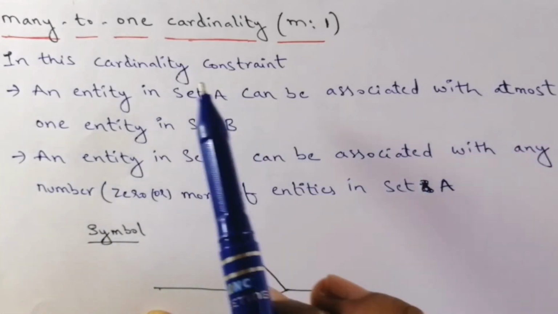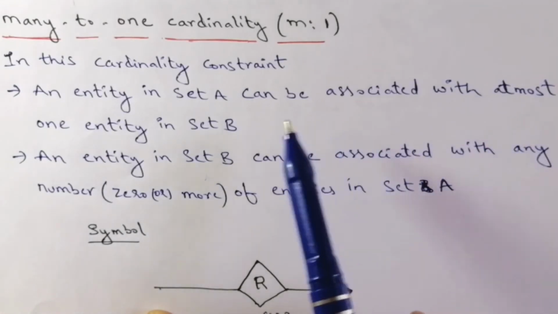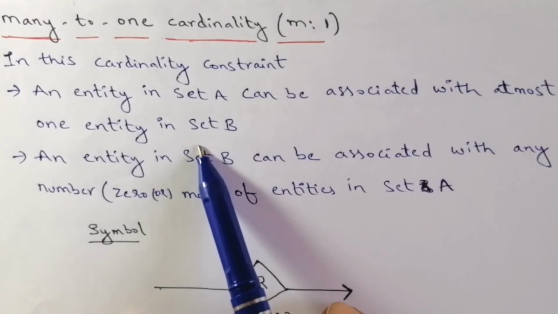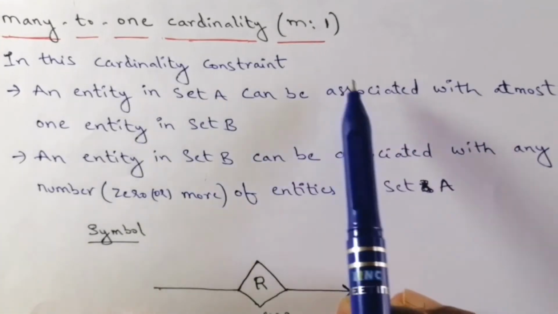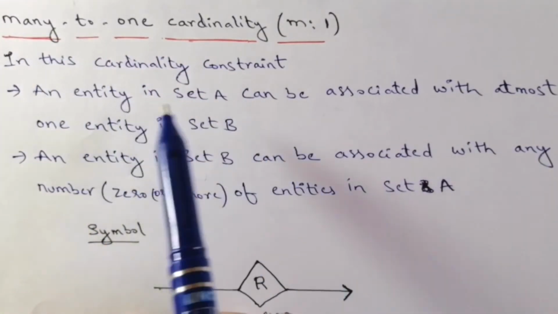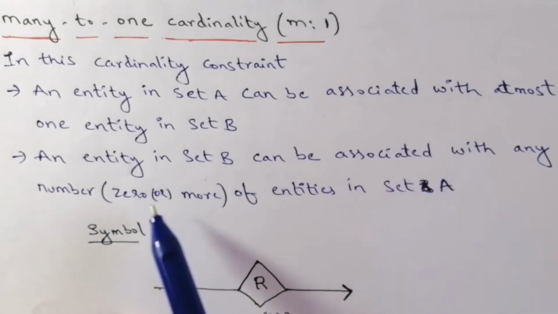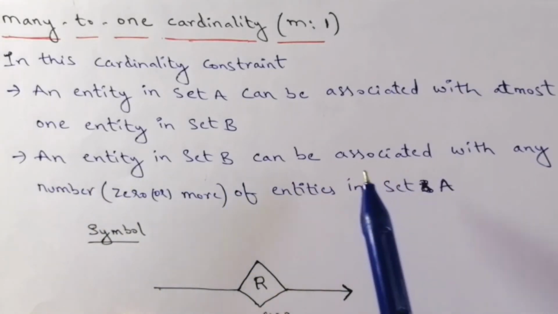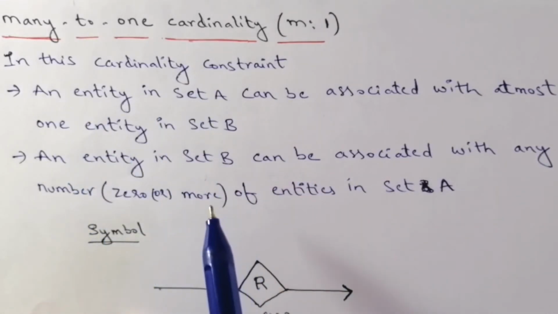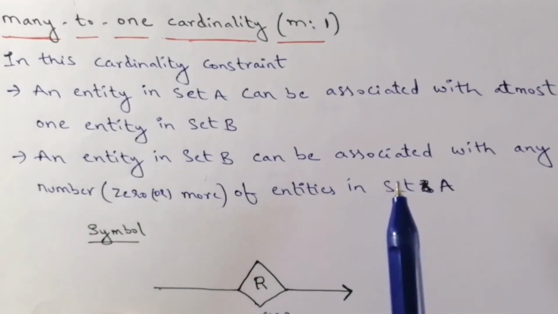Now in many to one, set A can be associated with at most one entity in set B, right? But from set B to set A, an entity in set B can be associated with any number of entities in set A. So set B can associate with any number of entities in set A, whereas set A can associate with at most one entity in set B, right?